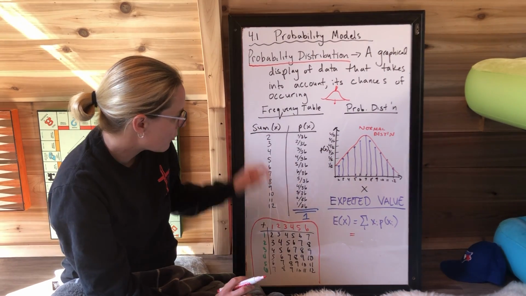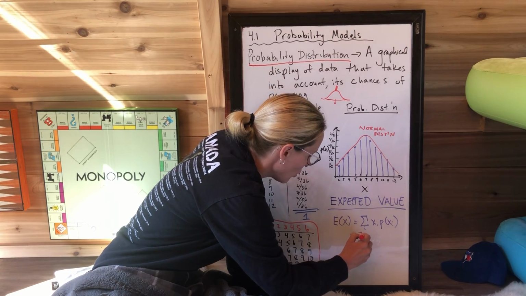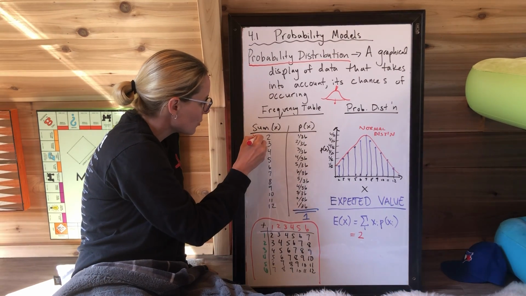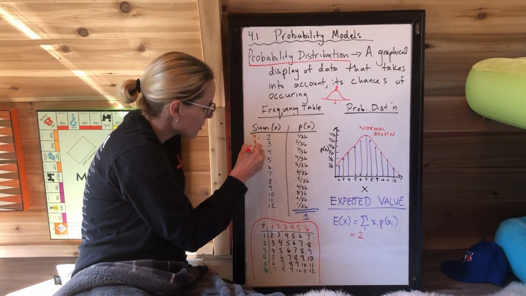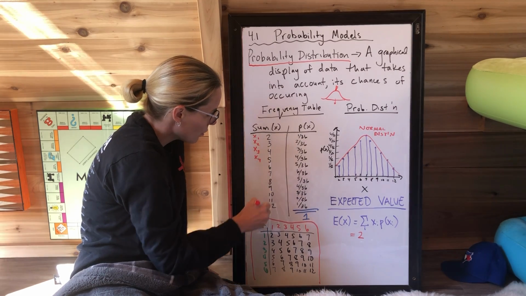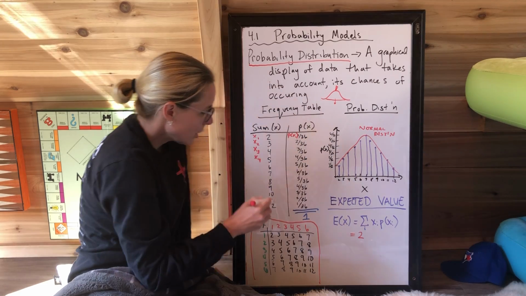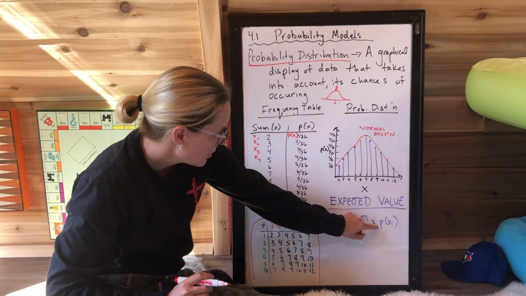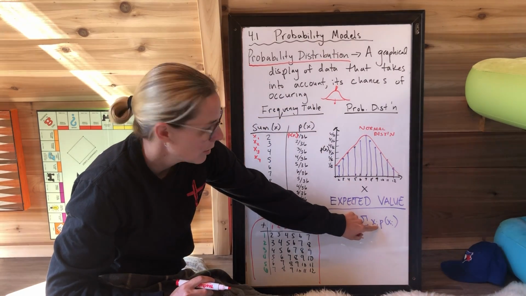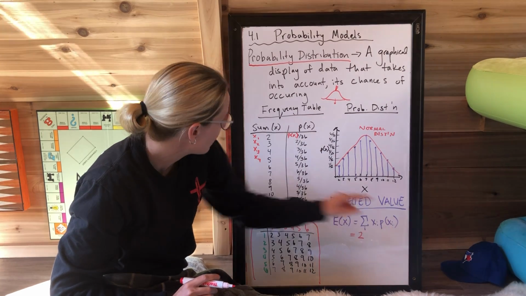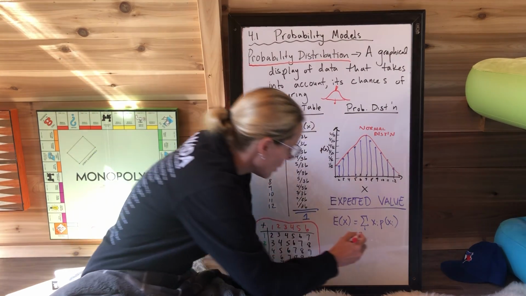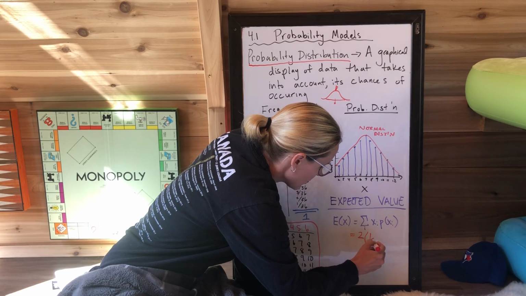So in this case, our first sum is 2, that's our x1. So imagine we called this x1, this x2, x3, x4 as you go down. And then this would be the probability of x1. So we're going to take x1, we replace the i with a 1, and multiply it by the probability of x1. So we have 2 multiplied by 1 over 36.